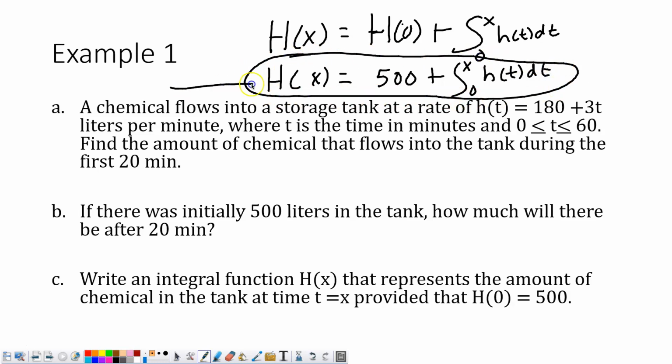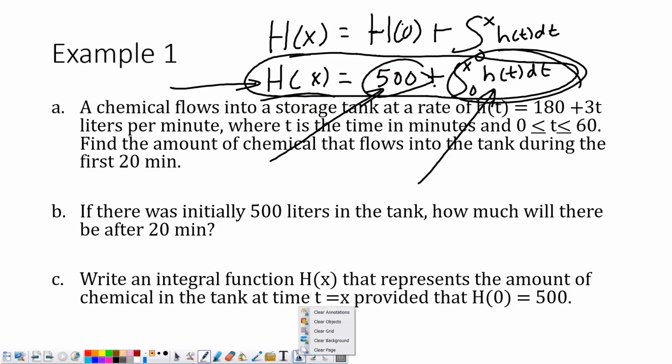So the final amount of fluid in the tank at any given time is the starting amount plus the amount of change that has taken place on whatever time interval you want. Okay? So the integral tells you how much change has taken place. And if you add that to the starting amount, you get the final amount. Okay? And that's an integral function for net change problems.